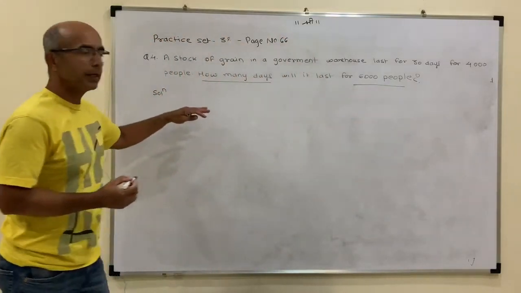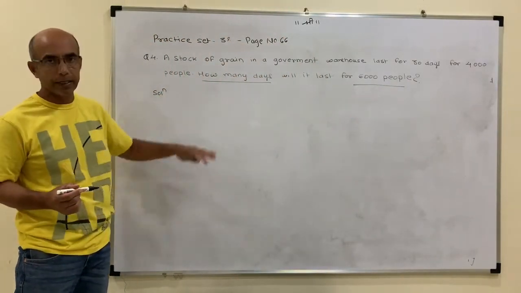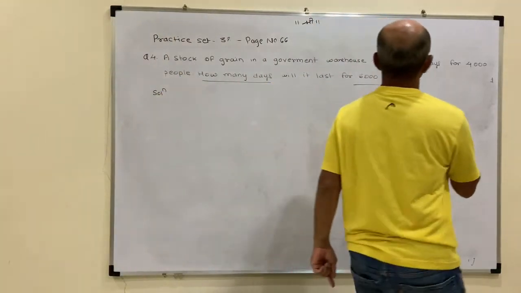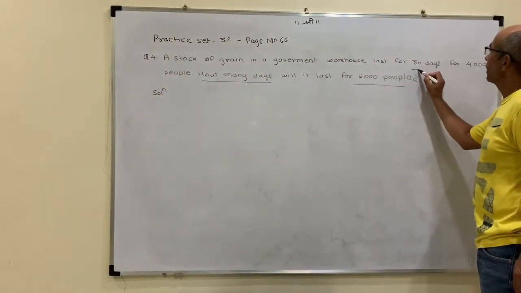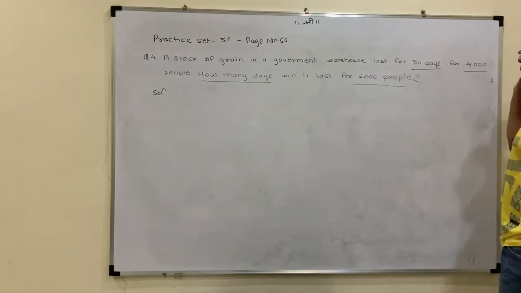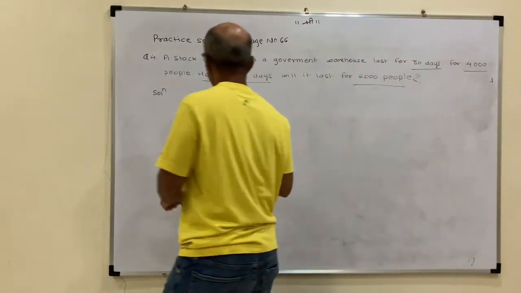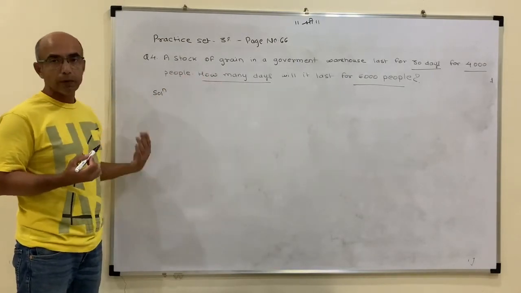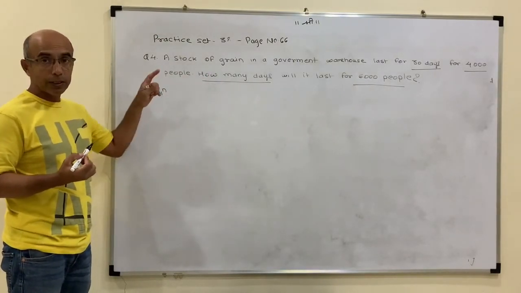So we will be considering x for the number of days. And what is given to us is 30 days for 4,000 people. So you always need to pay attention to where to fetch the required information and what is asked.